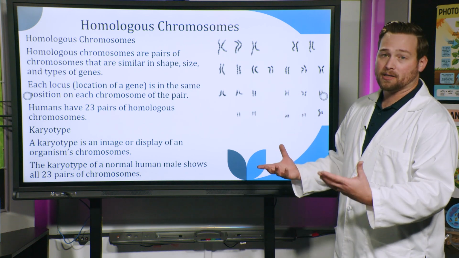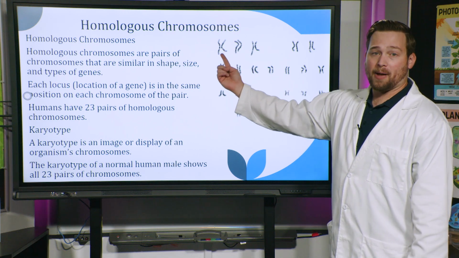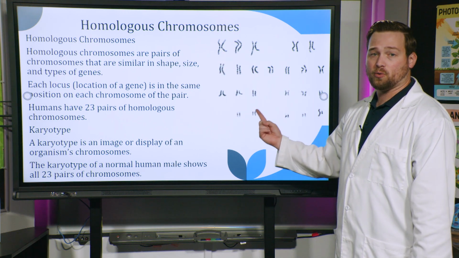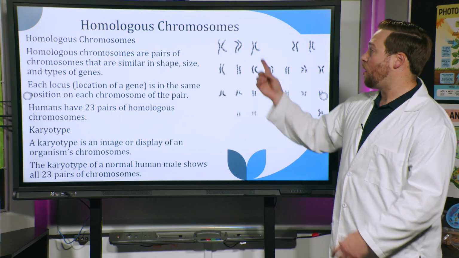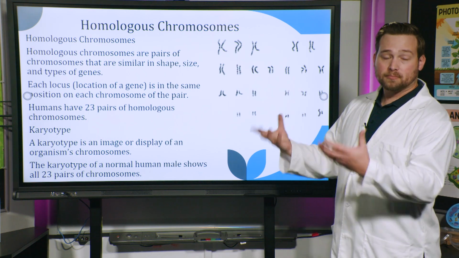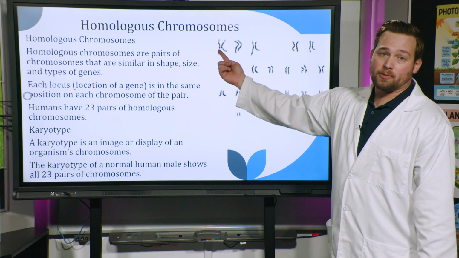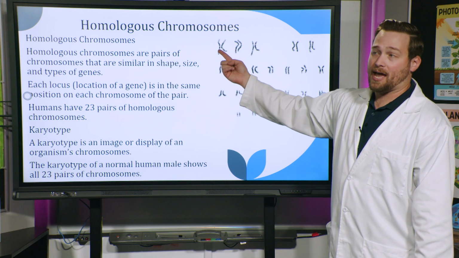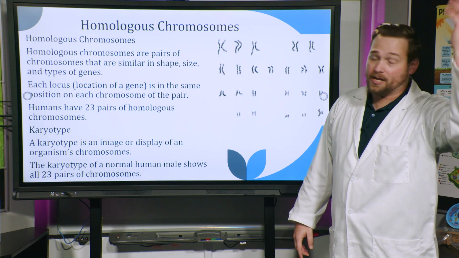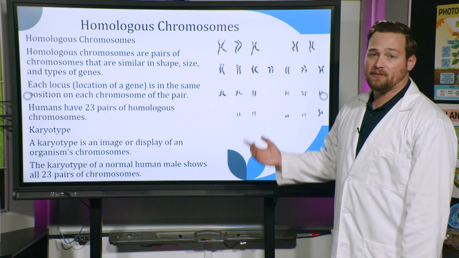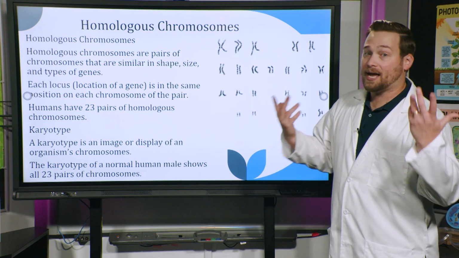What makes them homologous? Well, these two are about the same in size and these two are about the same in size. Not only are they similar in size, but they would also have the same type of information. So these chromosomes might have the information that determines what color your hair is, and these chromosomes might have information that determines what color your eyes are, right?